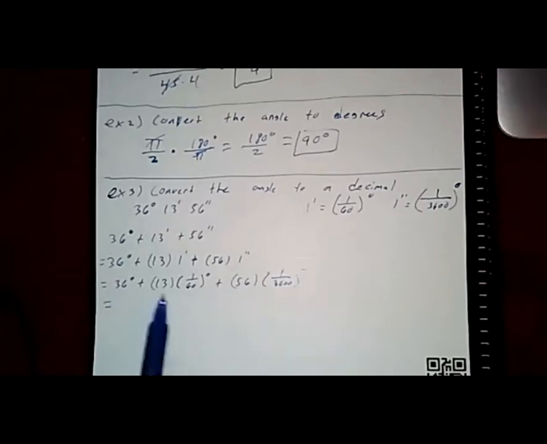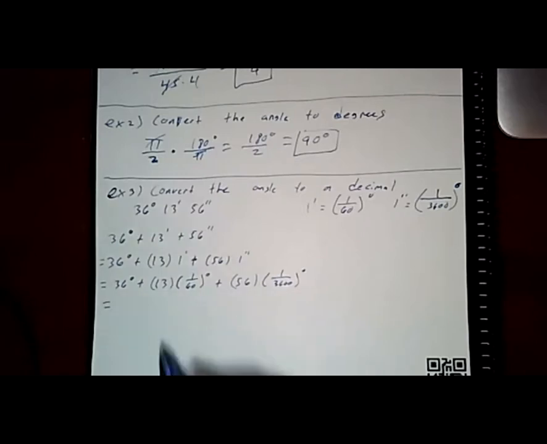Okay. So now we need our calculator. What is 13 divided by 60? I don't know what that is. Where's my calculator at? Okay. It's like 0.2... something, you're going to have to round. 0.2166667, something like that.